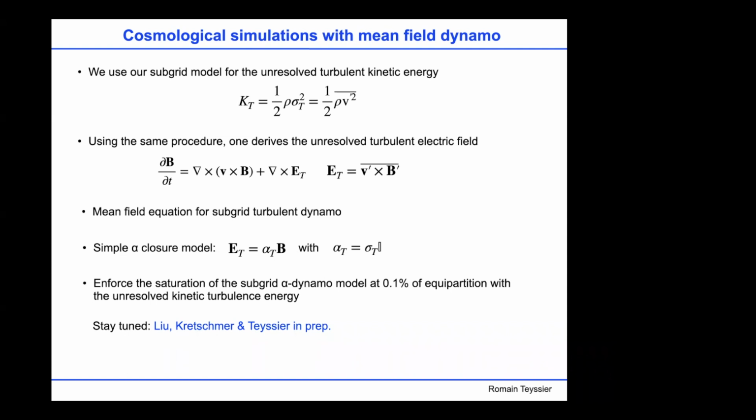And one thing that connects to an earlier point that you made, where you increase the resolution and the dynamo is faster because the eddies turn over faster. If you just take Coulomb collisions for the ICM, the Reynolds number is order 1.